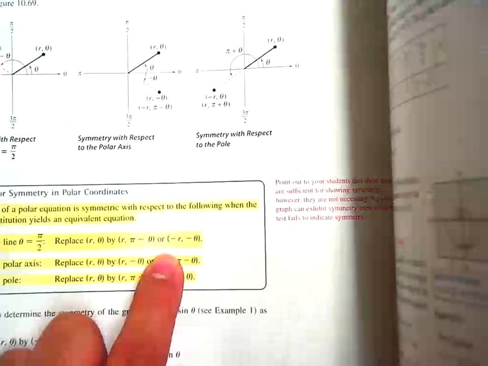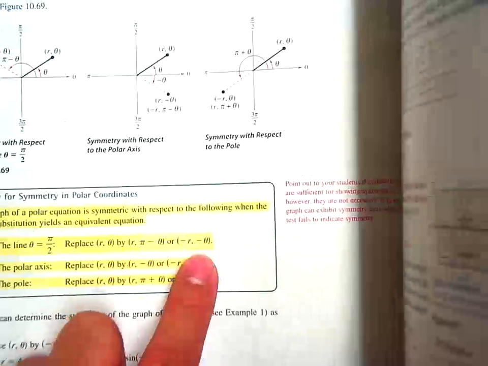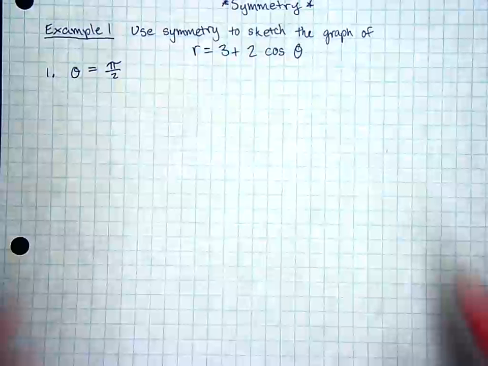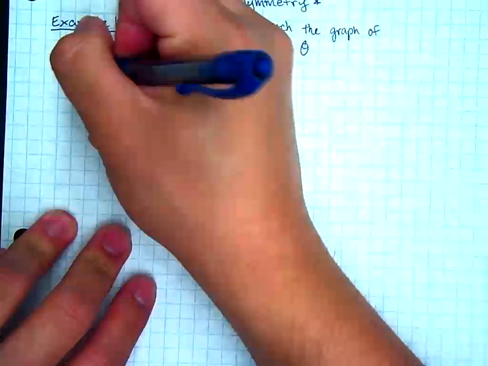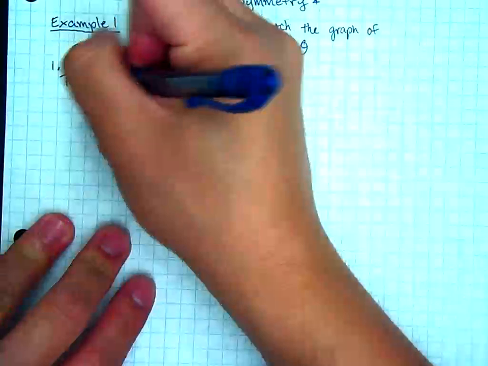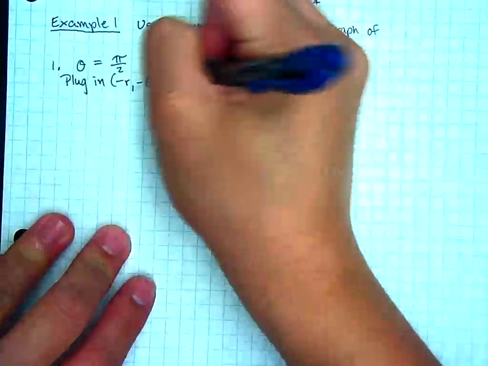It's a little more simple, except you're going to work with negative r and you're going to work with negative theta. Okay. Now, how do I know if it's going to be symmetrical? It's if it comes out with an equivalent equation. In other words, an identical equation. Okay. I'm going to go ahead and go with the negative r and negative theta. So plug in negative r, negative theta for r, theta.